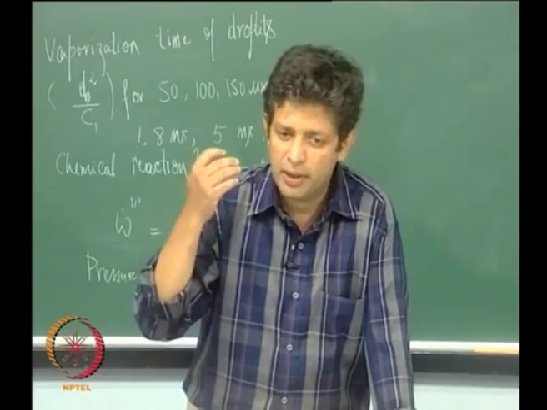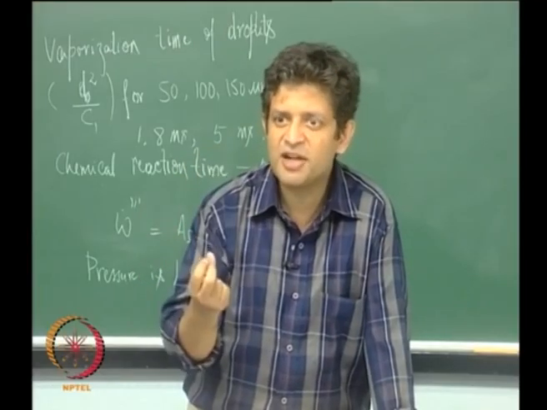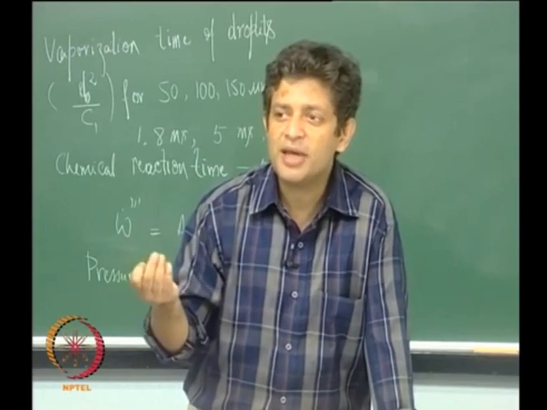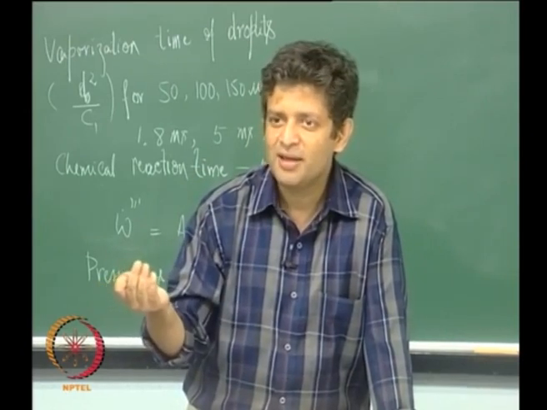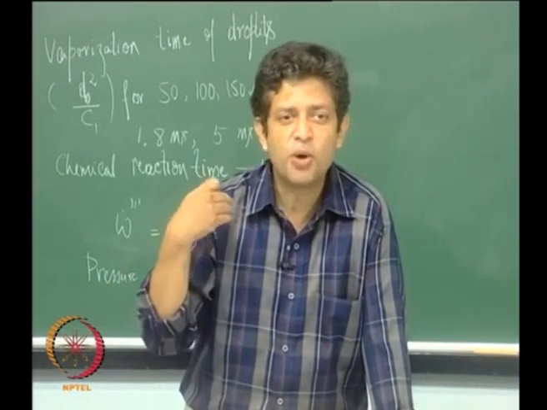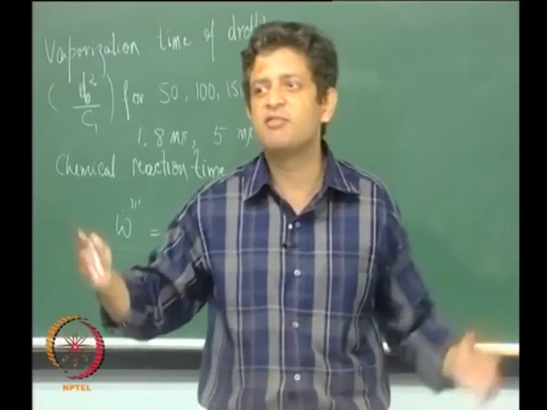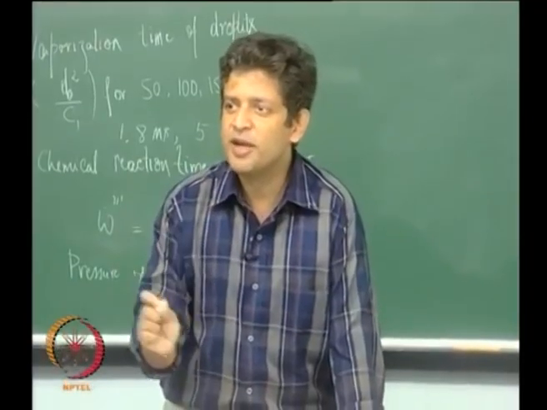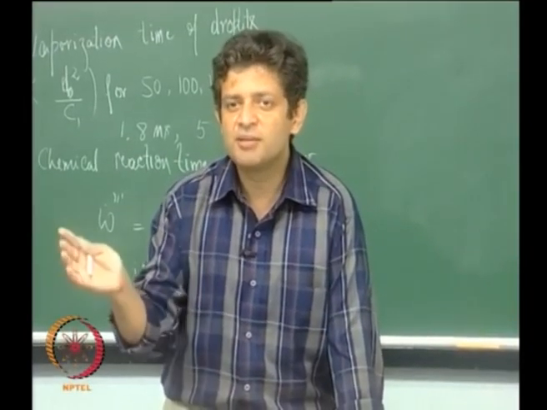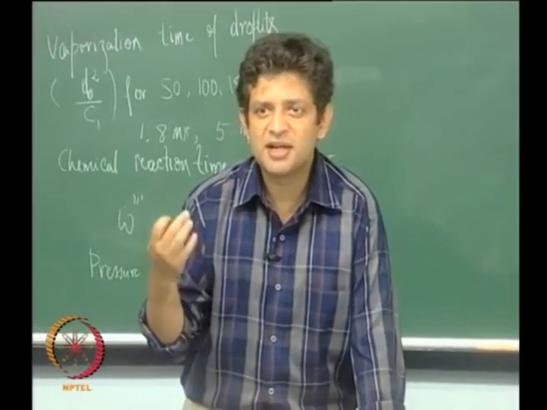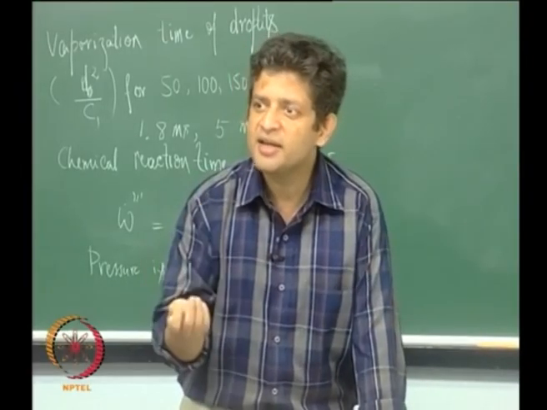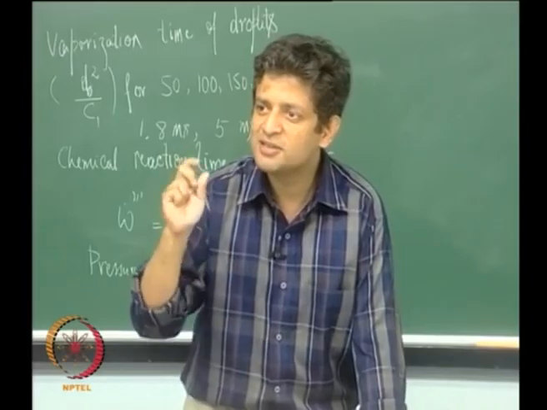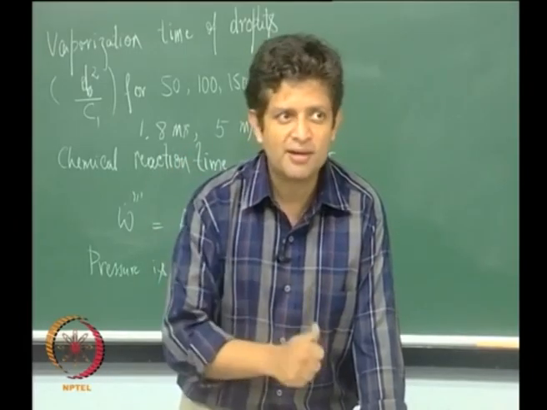So if you are creating very small droplets, the surface area to volume increases, and that means there is a lot more heat transfer taking place instead of having one large droplet. If you break it up into a very large number of fine droplets, then the surface area to volume is very large and heat transfer is better, and therefore the vaporization times will be much smaller, as is seen here.